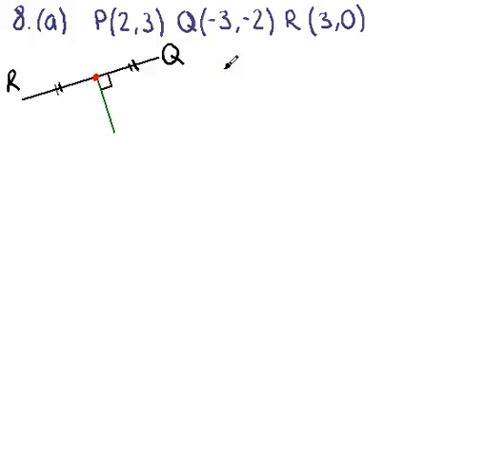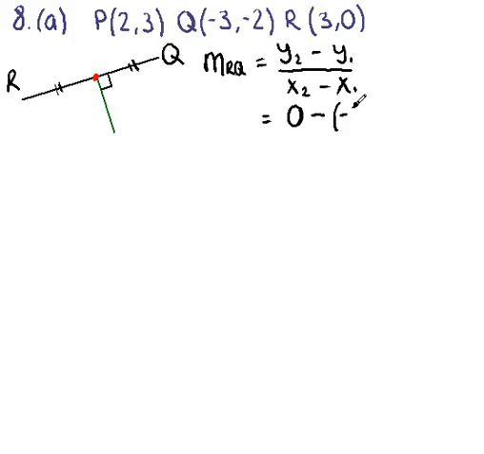So first of all, we'll put down our gradient formula for the line RQ. We're working with points R and Q. So we'll have y2 as 0, take away y1, which is minus 2, and on the bottom line, x2, which is 3, take away x1, which is minus 3.